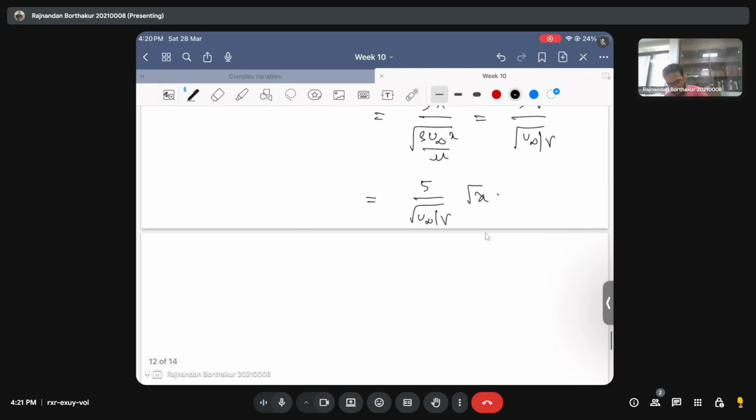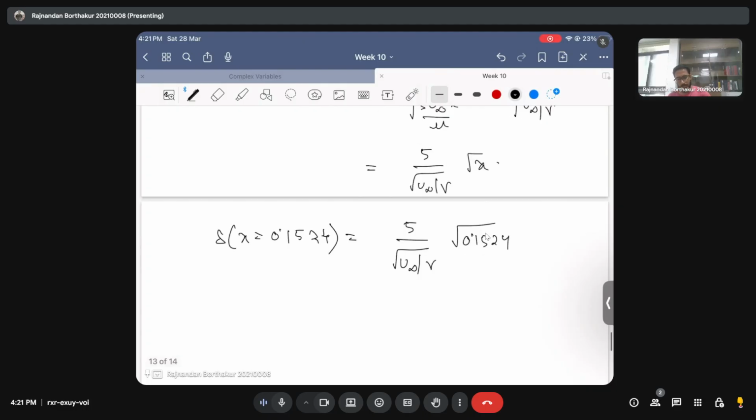So all we need to do is evaluate delta at x equal to 0.1524, and we get this to be equal to 5 by square root of u infinity by nu times square root of 0.1524.